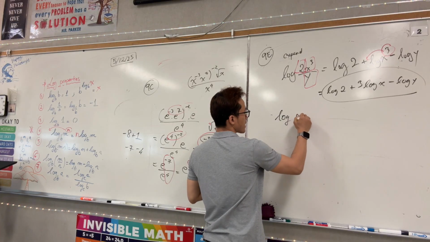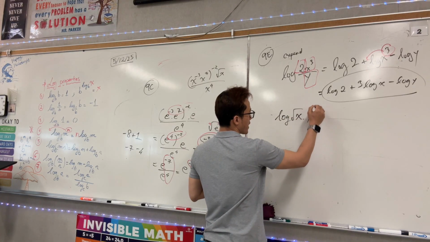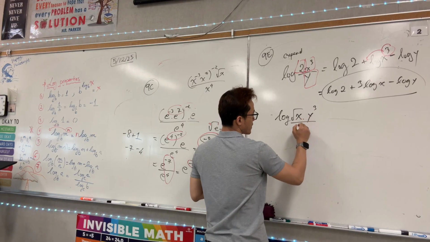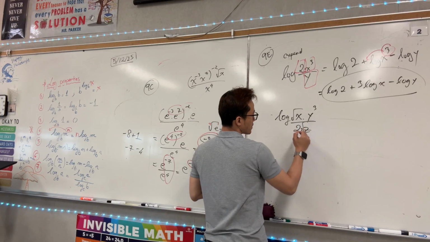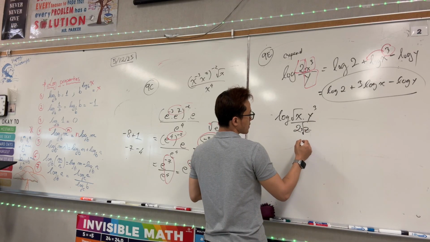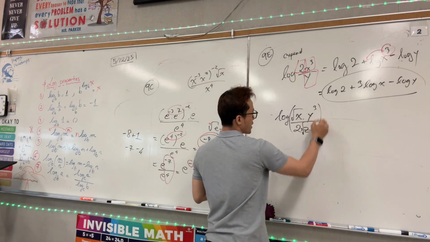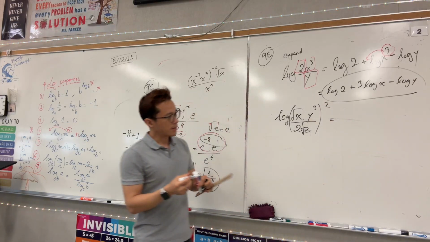Let's see, x square root of x, y cubed over 2z cube root, and everything squared. Let's do this one. Oh, complicated.